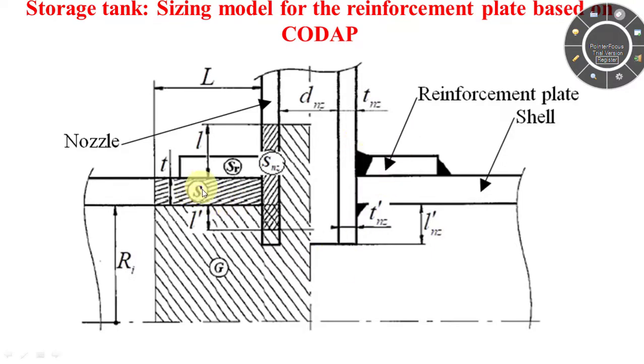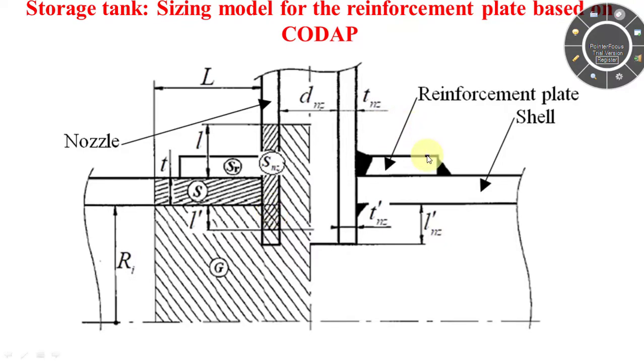And you can notice on this model that we have a portion of the shell characterized by its cross-section S. This portion will participate in the resistance around the opening. And we have another portion of the nozzle characterized by its cross-section S subscript NZ, to say S nozzle, and also this portion of the nozzle will participate in the resistance around the opening.